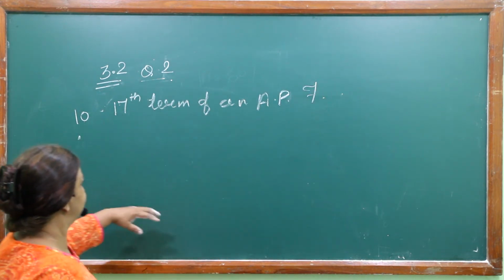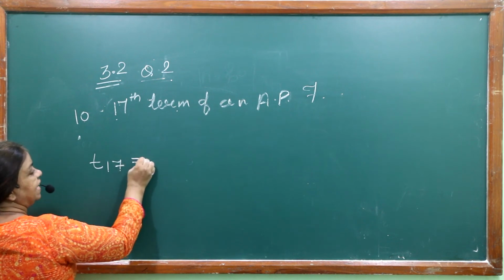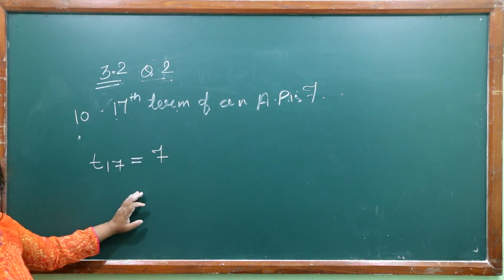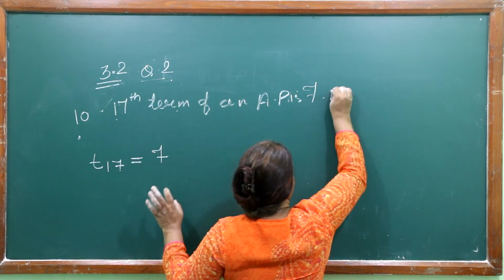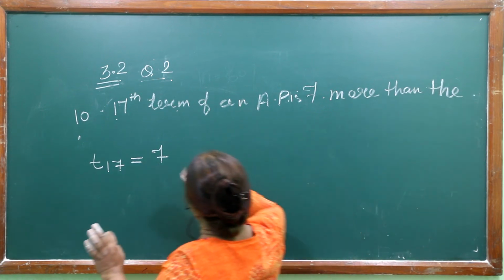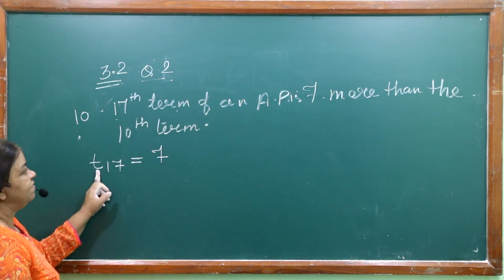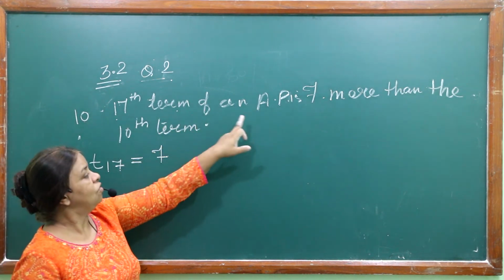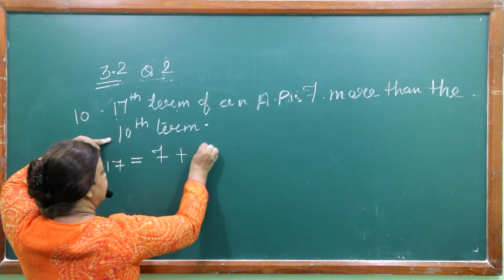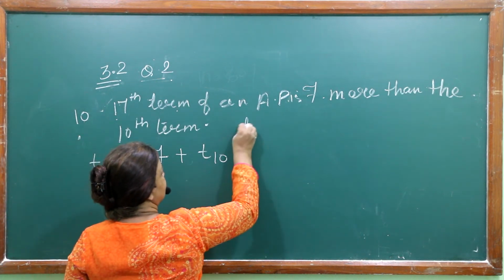Okay, let me write this. 17th term means T17 of an AP is equal to 7 more than the 10th term, T10. Find the common difference.